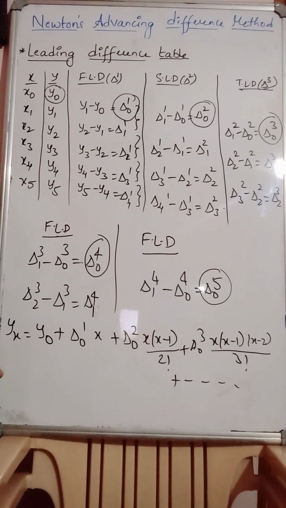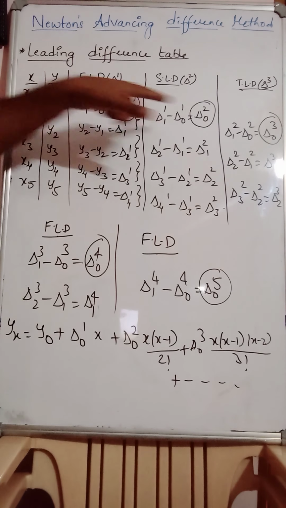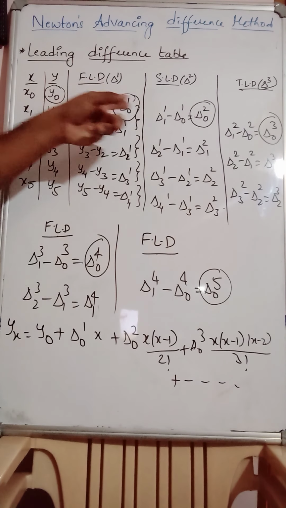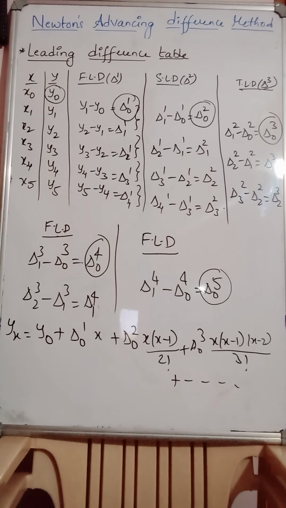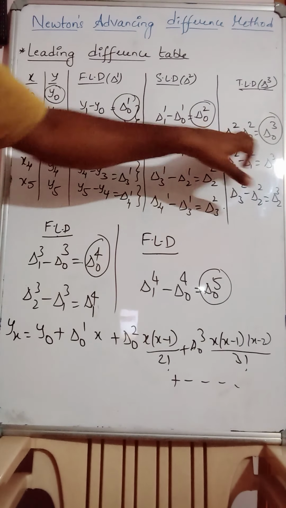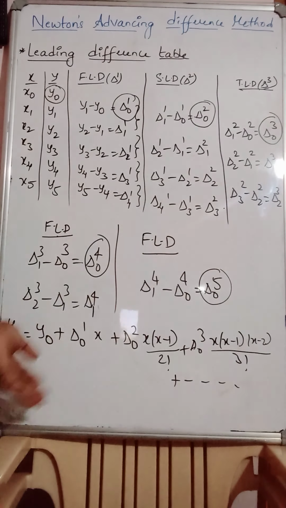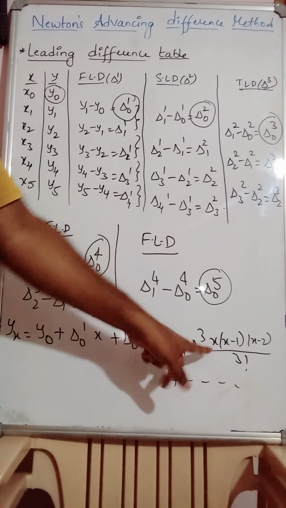Why are we taking the initial leading differences? Because the value to be interpolated is at the beginning of the data. Are you clear? The value to be interpolated is in the beginning of the data, because of these leading differences. Always the origin value should be considered. Remember. Delta naught 1, delta naught 2, delta naught 3, delta naught 4, delta naught 5. Substitute here. And you know how x is to be calculated.